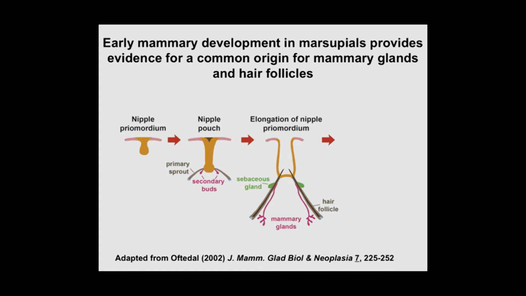So this is all happening during the embryonic development of the marsupial. And at the last stage of development, the nipple actually everts and it retains these sebaceous glands and, of course, the mammary glands, but the hair follicles degenerate in most marsupials. Although it is known that koala bears actually have hairs still emanating from their nipples.